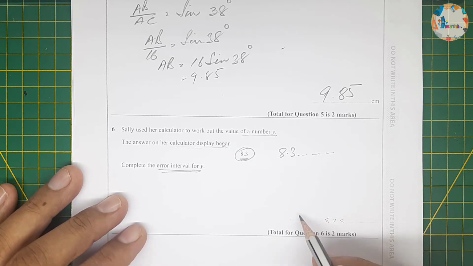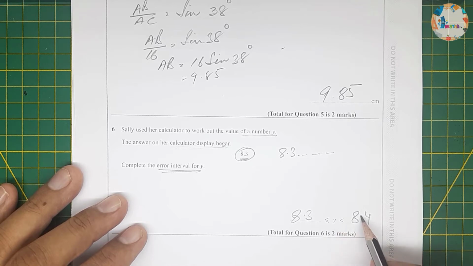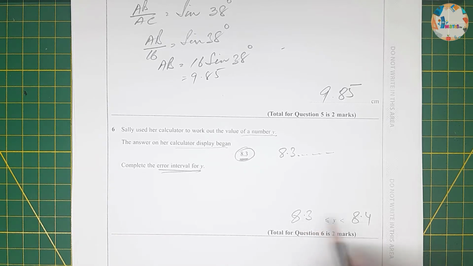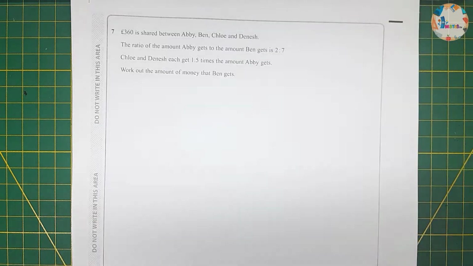So the minimum value can be 8.3 and the maximum value is 8.4, which is not included. y is not equal to 8.4. So values less than 8.4 will be included. We cannot switch these two numbers. We'll have to write 8.3 on this side and 8.4 on this side. You will have to be careful for that.